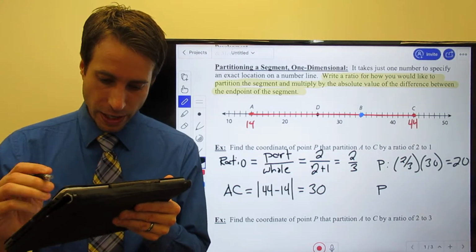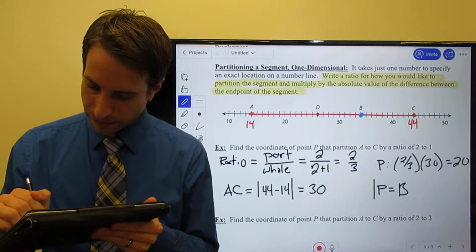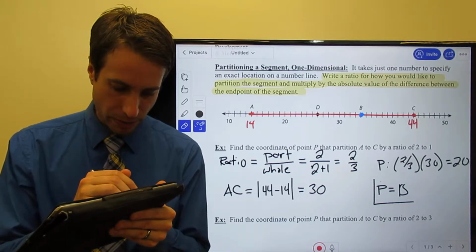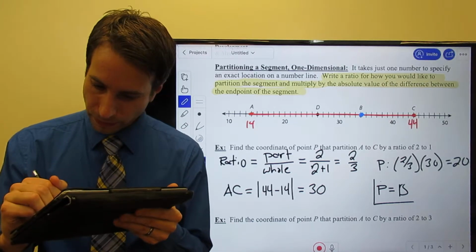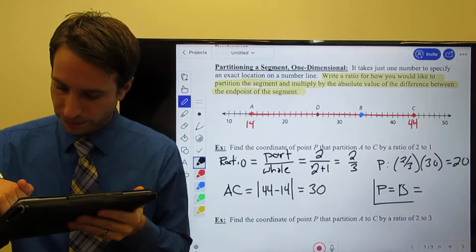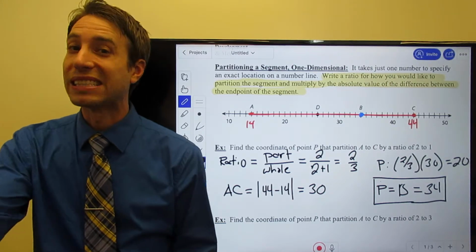It's right there. So point P is actually point B. Actually, here, what is that? Let me go ahead and give you that value. That is equal to, let's see, what is that? 31, 2, 3, 34. Okay, that's how it works.